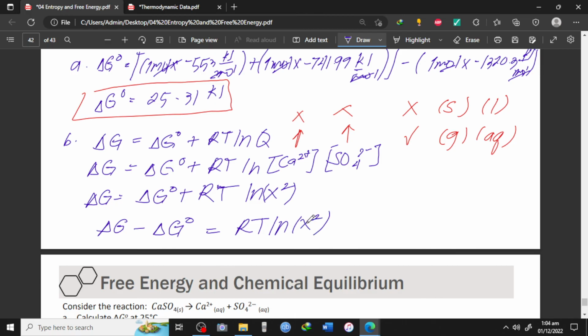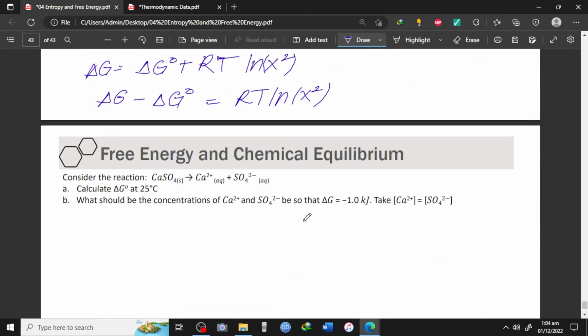So, from there, anong pwede natin gawin? I-divide natin both sides by the gas constant and temperature. So, ang next natin na makikitang equation ay delta G minus the standard free energy over RT is equal to the natural logarithm of x squared.